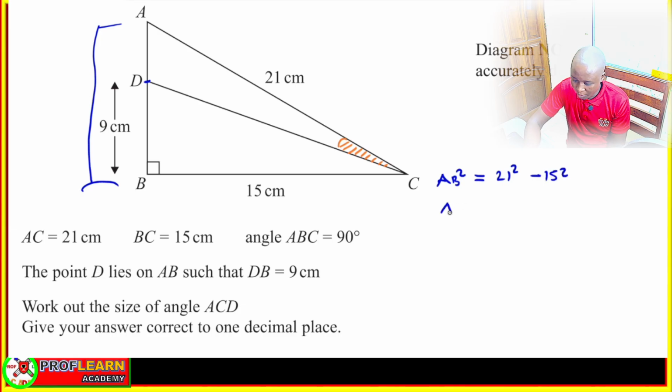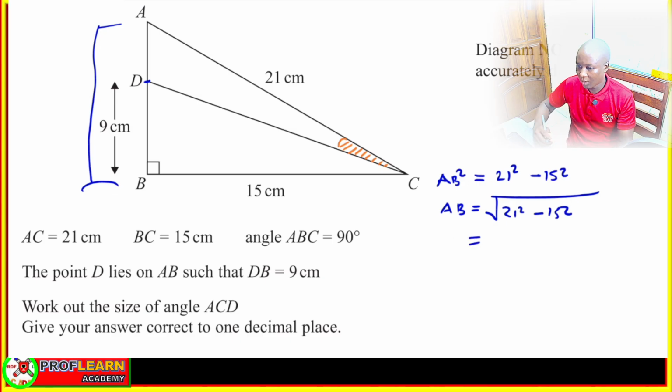So for me to find AB, it will be the square root of 21 squared minus 15 squared, and that's going to give me 6.